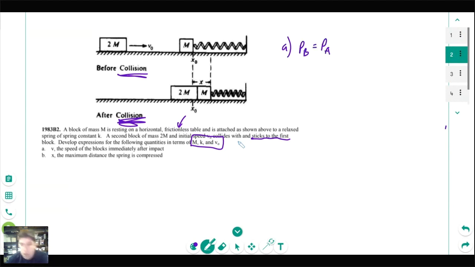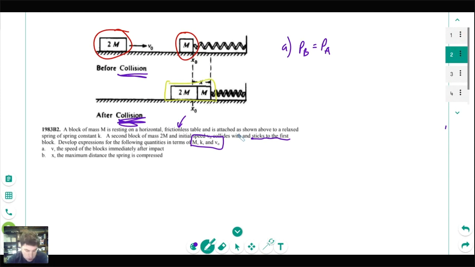P before equals P after. Now, for the collision, we have two different objects that we care about: the 2M block and the M block. After the collision, however, those two blocks are stuck together, so they would be one object.